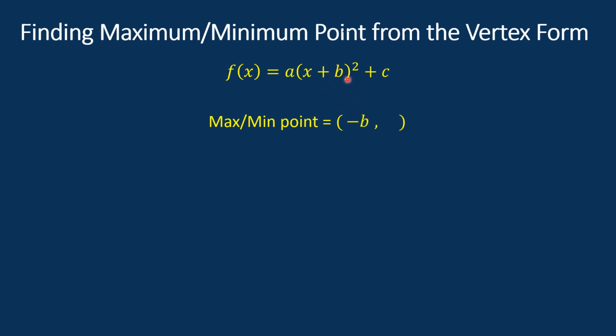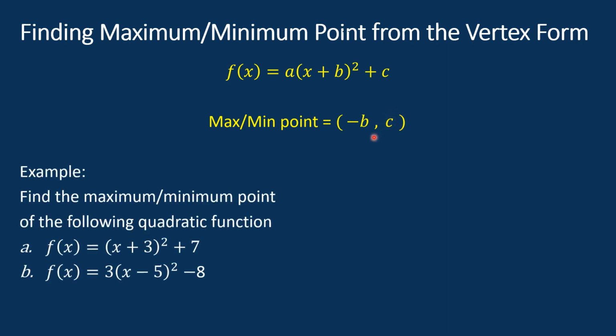So if the constant is b, then the x coordinate of the maximum or minimum point will be negative b, and the y coordinate will be equal to the constant outside of the vertex form. So for example, if the constant is c, then the y coordinate will also be c. Now let's see these two examples.